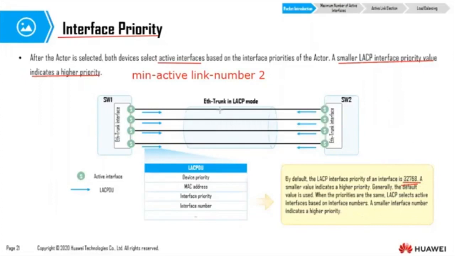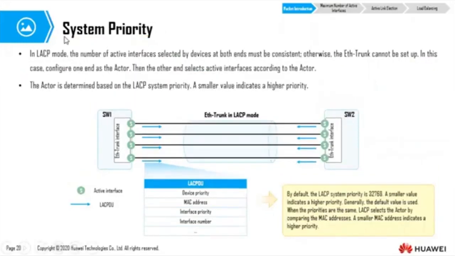Now, by the way, just like in STP, on this first instance, if the system priority of both switches is the same, 32,768, the default, what do we compare next?